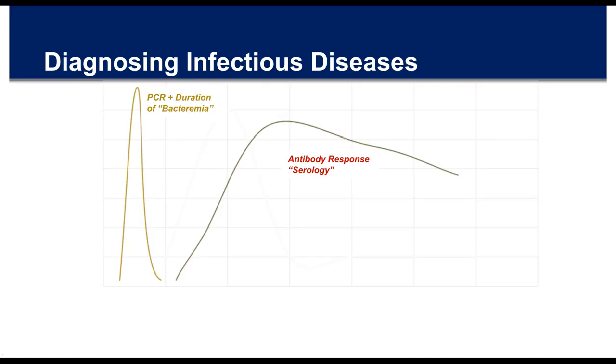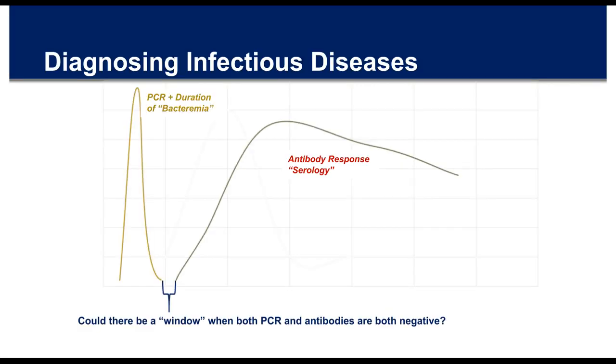So I have a couple more points to make on this relationship between bacteremia and serologies. We hypothesize that there would be a period of time, a window, when you would order PCR just a little bit too late, yet you're a little bit too early for serology.